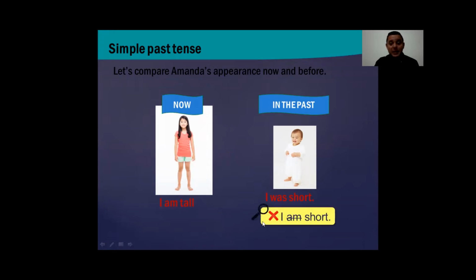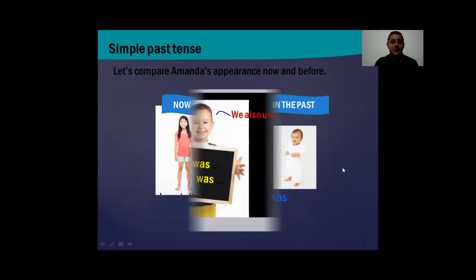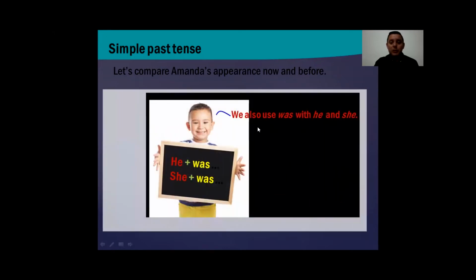So we can't say, "In the past, I am short." That is wrong. In the past, I was short, that we have to say. We also use this was with the subjects he, she, and it.